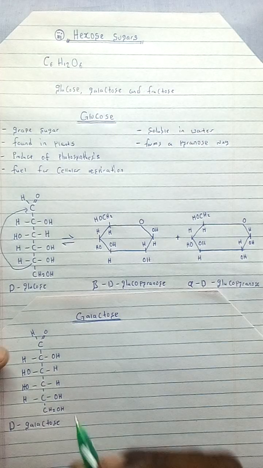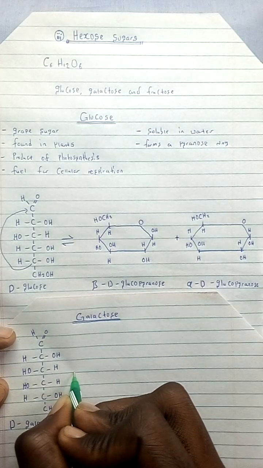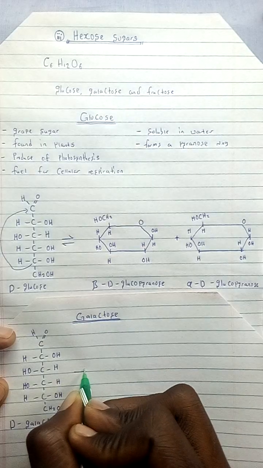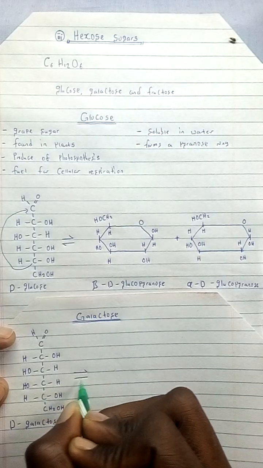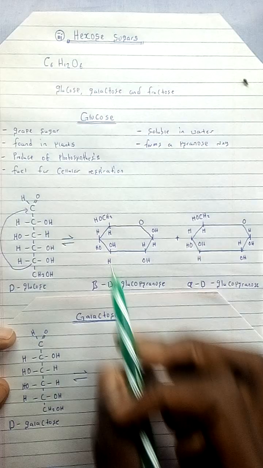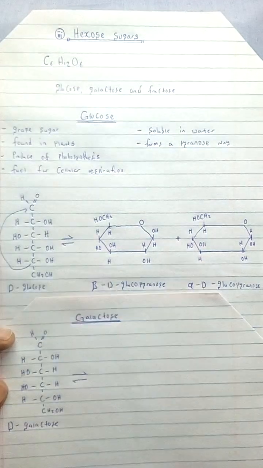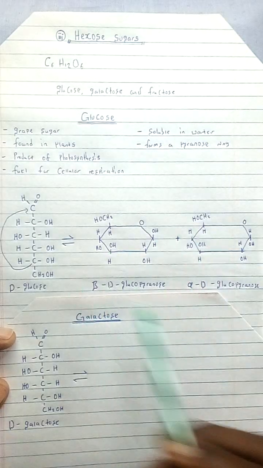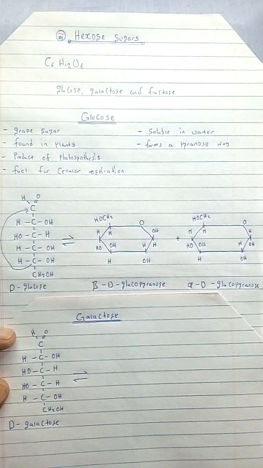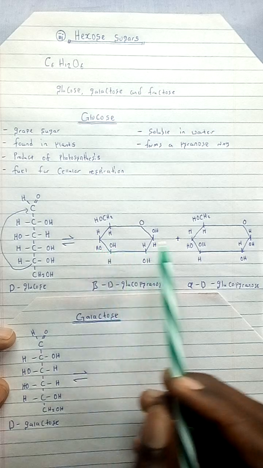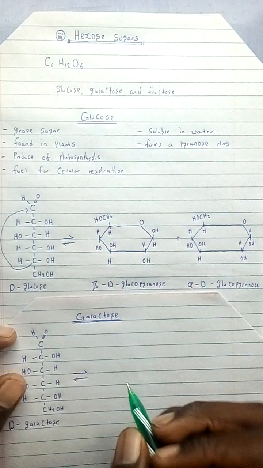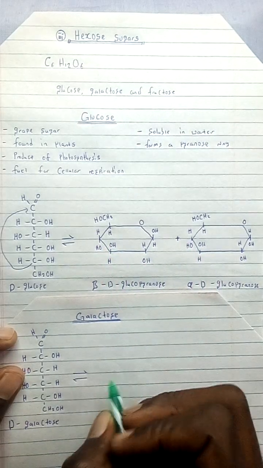Well, what about the ring form? The ring form will be similar to the one for glucose. The only difference would be on carbon number 4. Let's simply draw.